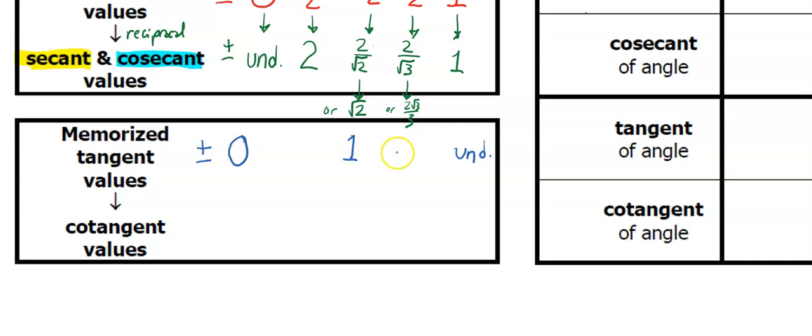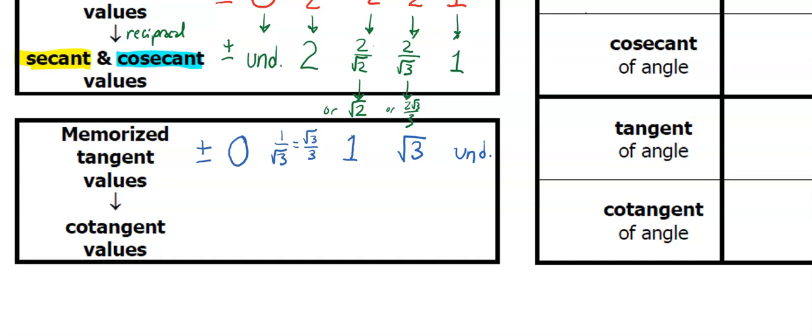You also have some memorized angles that have a tangent that turns out to be square root of 3. You also have some memorized angles where the tangent turns out to be either 1 over square root of 3, you might have memorized it that way, or square root of 3 over 3. You might have rationalized it and remembered it that way.